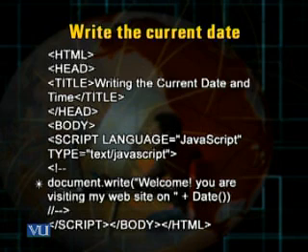This sentence is contained within double quotation marks. This is a string, therefore it would appear as such. And then there is the concatenation sign plus, and then I write the keyword Date. In fact, this is a function of the date object. I represent it with the word Date, and then I close the script tag, body tag, and HTML tag.